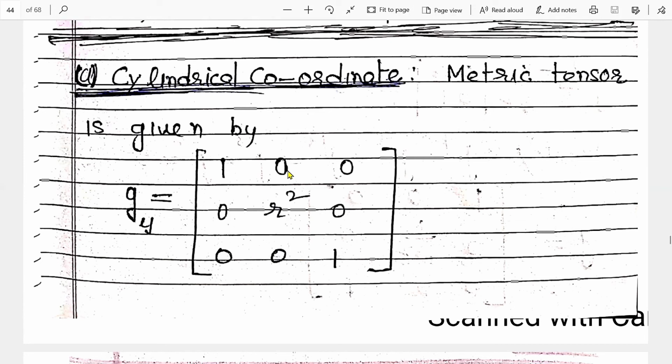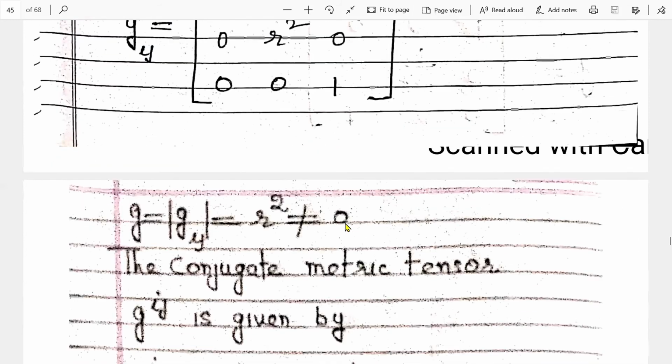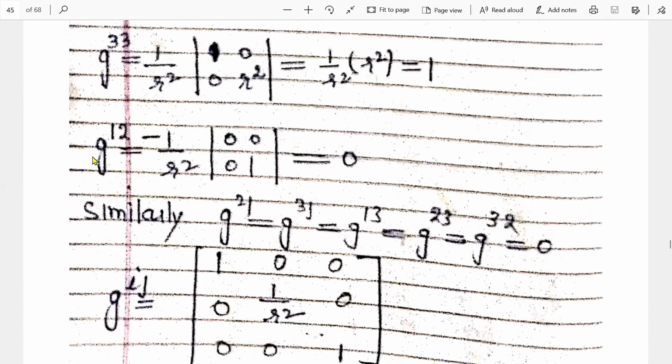This is the first row and this is the second column, right? Now take that ignoring this and this. So what we get? We get 0 into 1, 0 minus 0. So the cofactor is 0, right? When 0 is divided by some non-zero number, that is again 0. So we get G12 equal to 0.